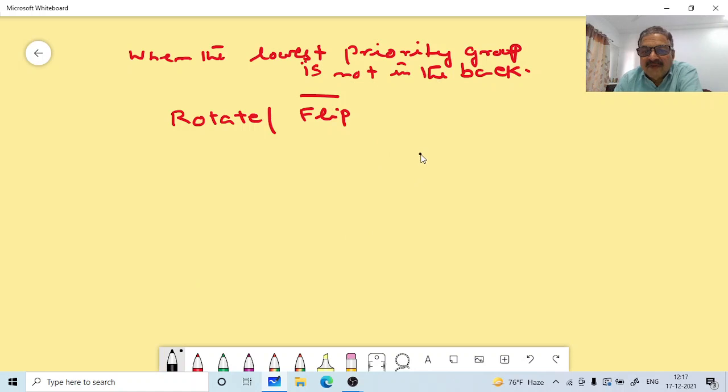Now, in this molecule, for example, hydrogen is on a wedge.